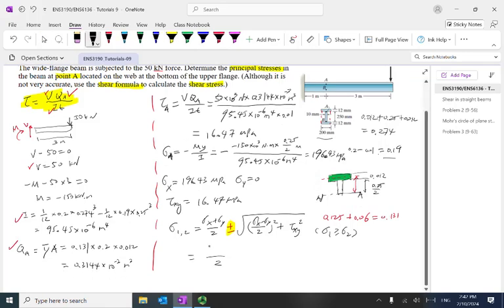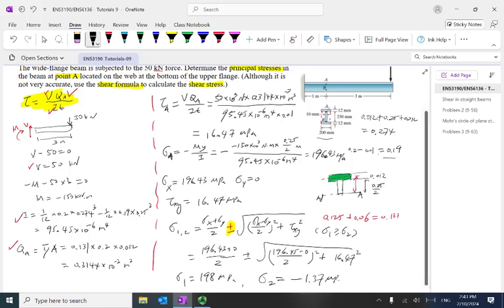Is half 196.43, so plus 0, so plus minus square root half sigma x 196.43 minus 0 square plus tau xy 16.47 square. Okay, so you can see sigma 1 will be equal to 198 megapascal, sigma 2 will be equal to negative 1.37 megapascal.